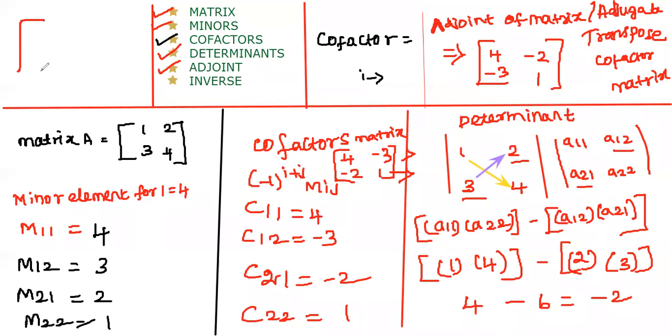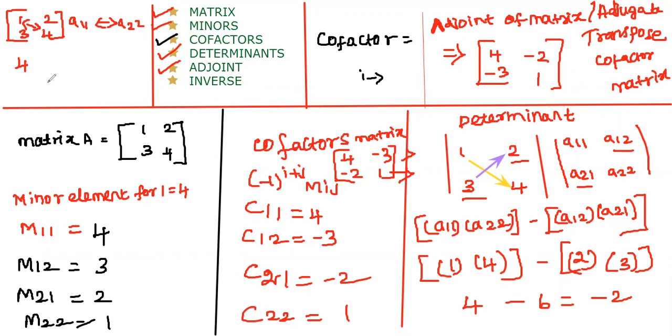If the matrix is a 2 cross 2 matrix, this shortcut will work. You just have to swap the position of A11 and A22. Sorry, A11 and A22. Means the 4 will occupy the position of 1, and 1 will move to the position of 4.